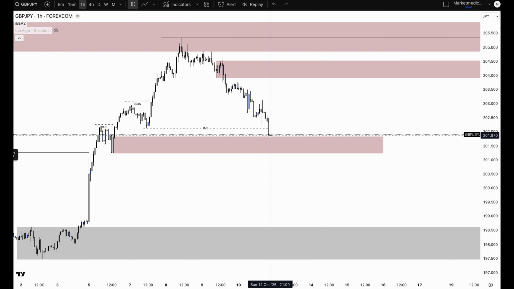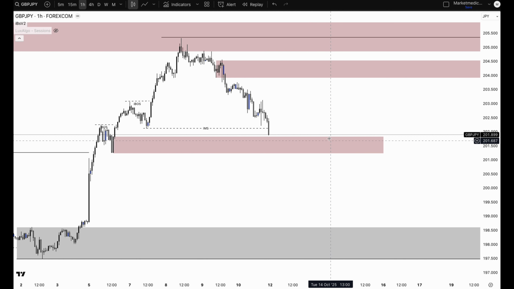So from these levels here, the market is likely to continue to trade bearish. If the market fails to break this resistance, this 1-hour demand order block that we can find here between the price level of 201.820 to the level of 201.200.